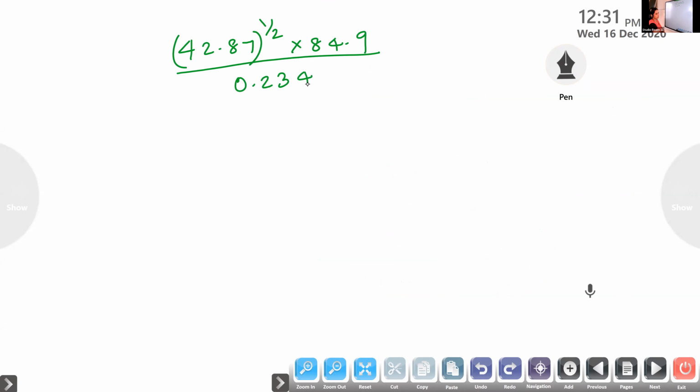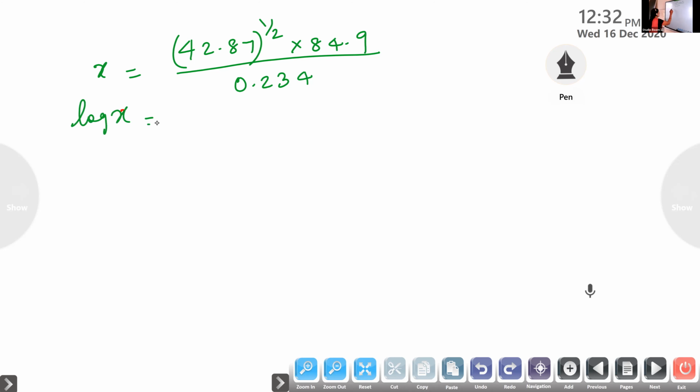So what is the first step we have to do? You name this value as x. Then what is the next step? We take log on both the sides.